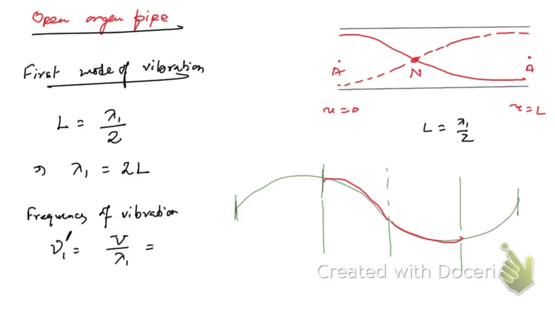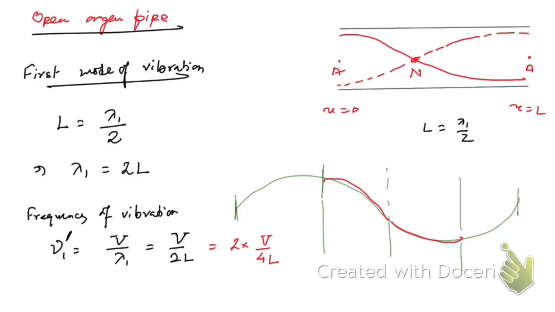Here lambda 1 is 2 times L, so nu dash 1 equals v by 2L. One more interesting thing, you can write this as 2 times v by 4L. Why am I writing this? Let me explain. If you cancel the 4 by 2, you get the same thing again. So now you see the reason for writing the frequency in this form.